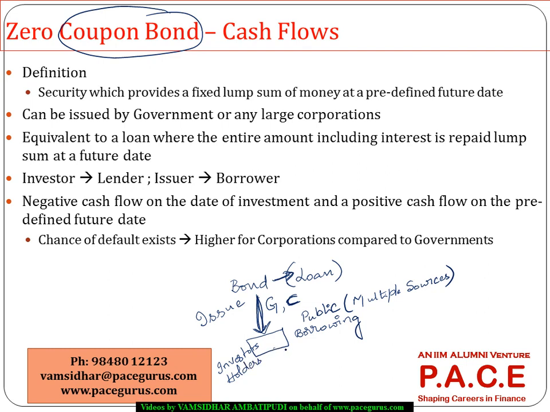Now these people, as per the terms and conditions that are mentioned in the bond, may receive whatever they have invested. See, at different points in time, let's say this bond is issued for 5 years.